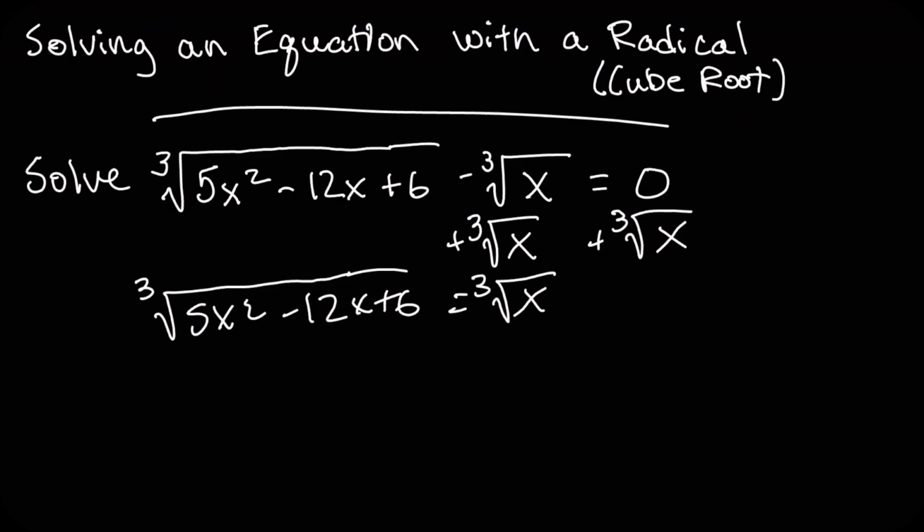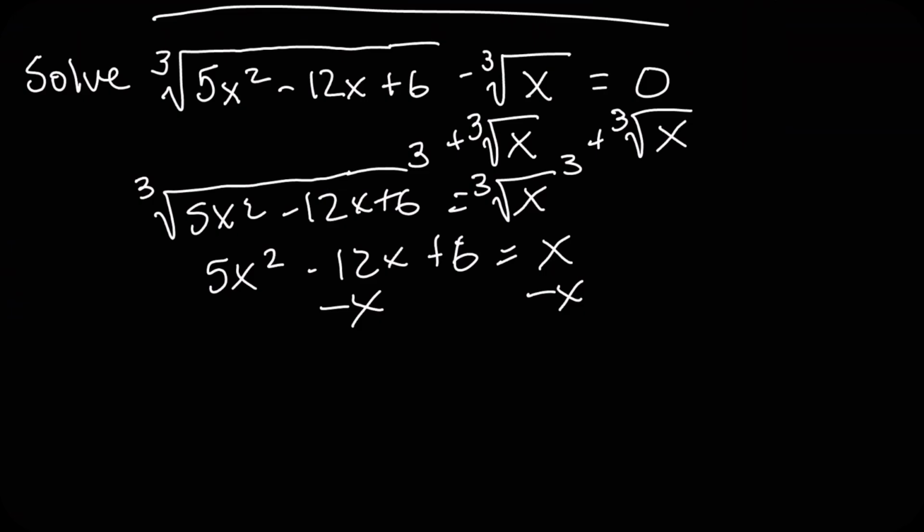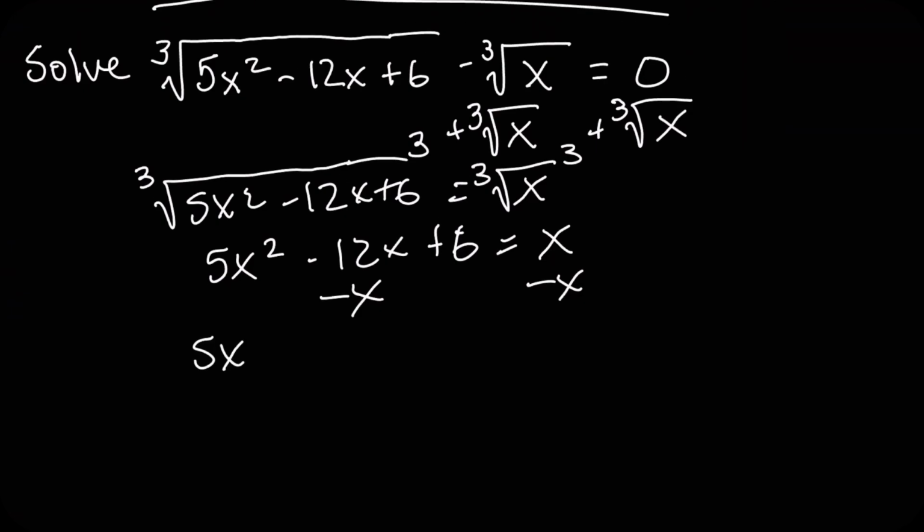So in order to undo the cubed root, we can go ahead and raise both sides to the third power, and we're left with 5x squared minus 12x plus 6 is equal to x. Okay, and then go ahead and get all of your items over to your left hand side. So subtract an x, and you are left with 5x squared minus 13x plus 6, all equal to 0.